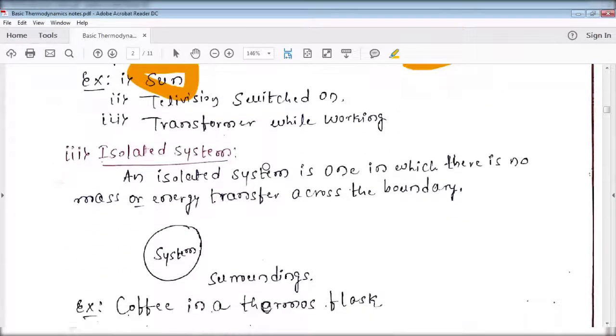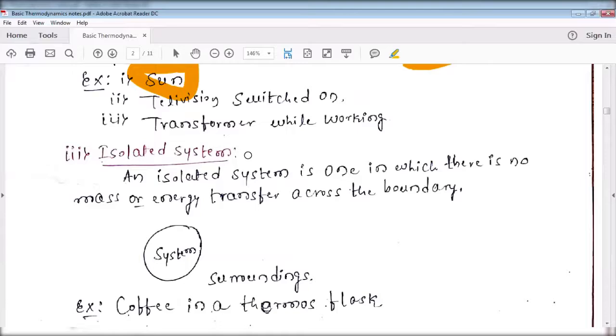Next comes the isolated system. This is very important. What is isolated? The name itself indicates that it is perfectly closed and perfectly insulated. Such systems are called isolated systems.